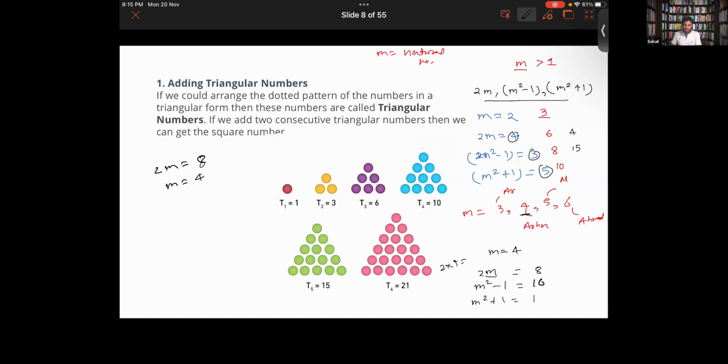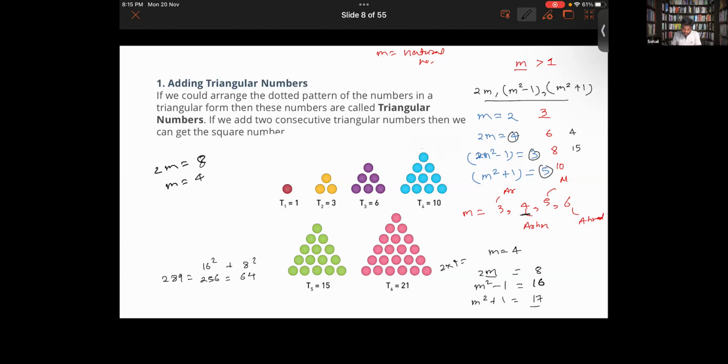In fact, you can check it as well. 17 square equals 289, and 16 square is equal to how much? 256.